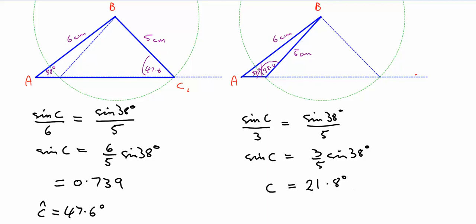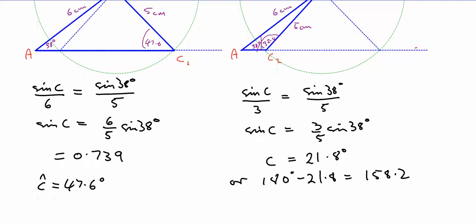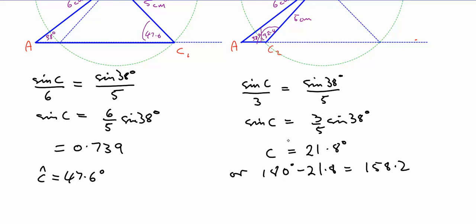But if we apply the same rules to the second triangle here, we will find C should be 180 minus 21.8, which is 158.2. The problem with that is we already have one angle of 38.